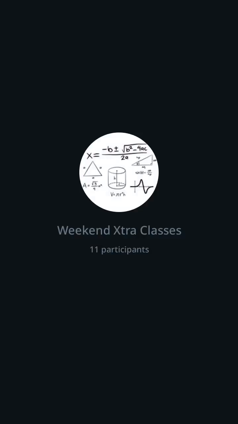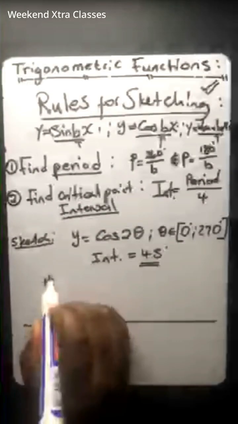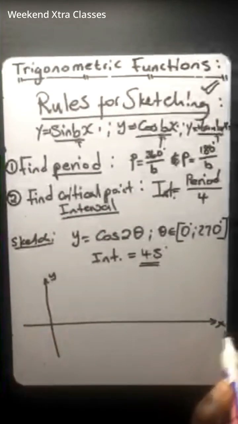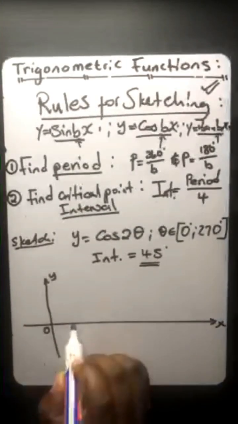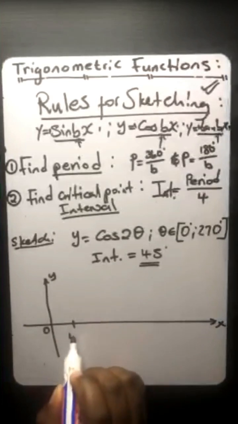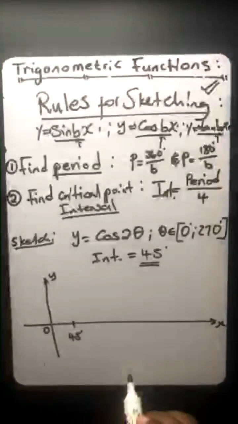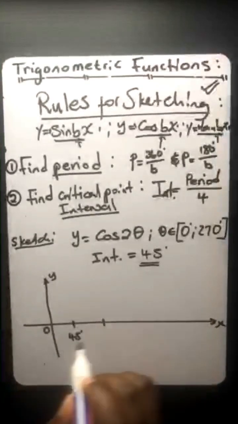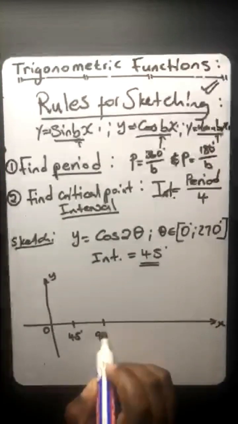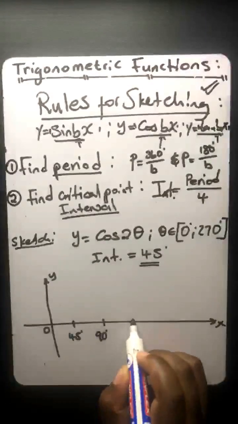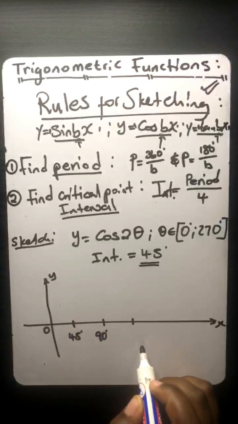So it is going to start on this side where you have 0. The next point that you must show is 45 degrees. These are the critical points. The next one you just add 45. What is it? It's going to be 90. The next one, what is it going to be?